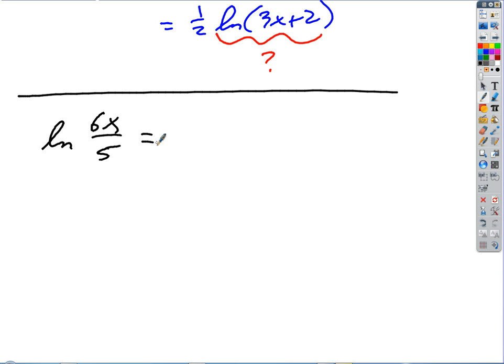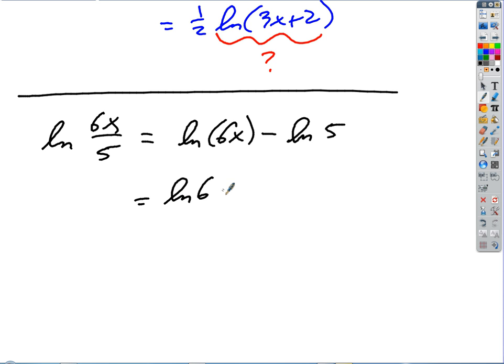I've got 6 times x divided by 5. You can do this in 2 steps if you want to. We could call this the natural log of 6x minus the natural log of 5. And now that's a product, so we can split it. But you probably could just skip that intermediate step and go right down to natural log of 6 plus natural log of x minus natural log of 5. Right?